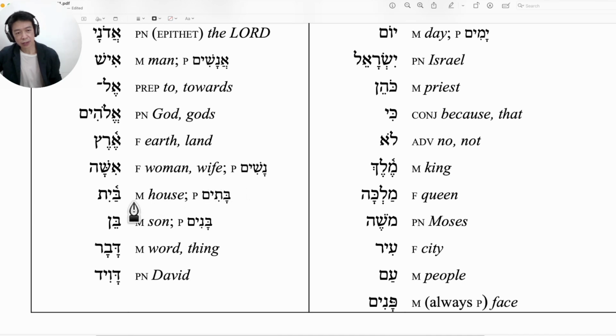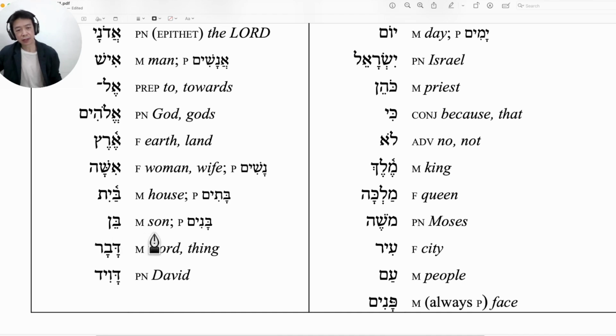The next word is Bayit. It means house. For plural, it's batim. The next word is ben. It means son.